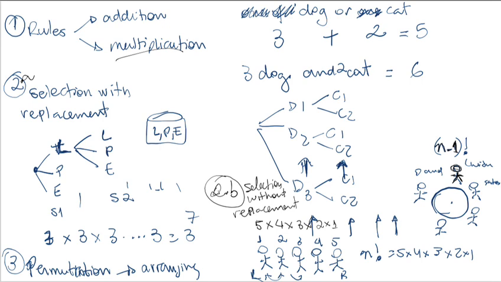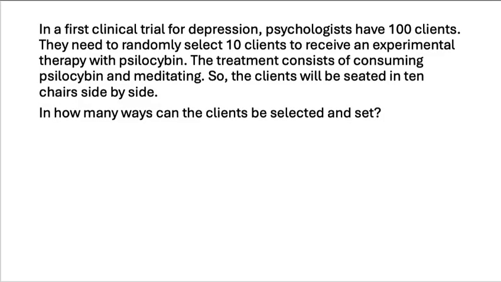We saw several types of selections: selections with replacement, without replacement, and groupings, right? So now let's mix all the selections and groupings and things. Let's think about this problem.